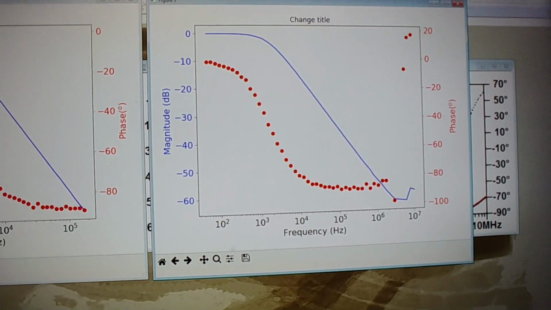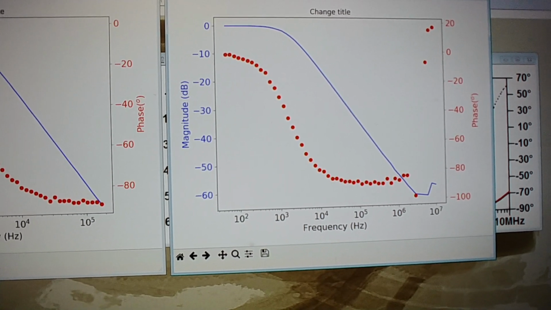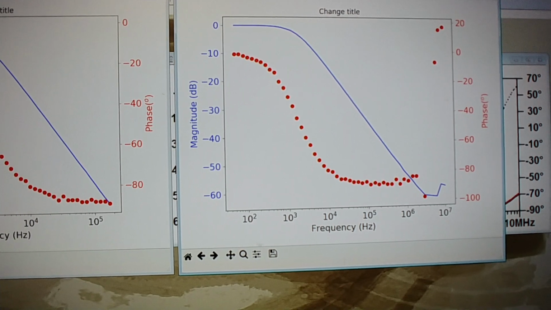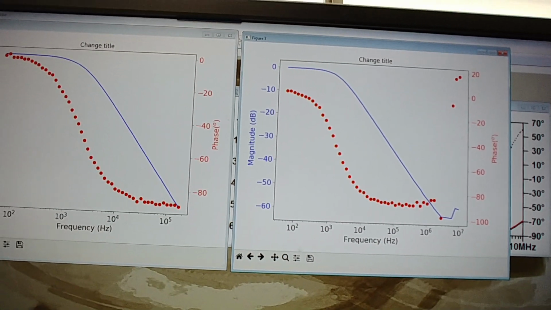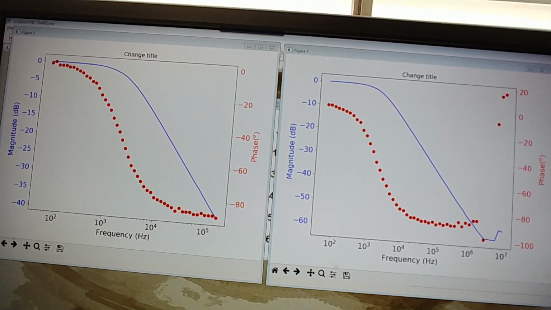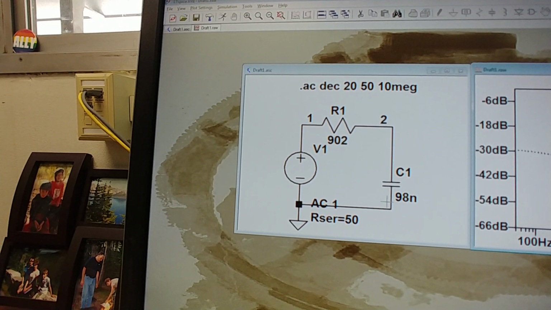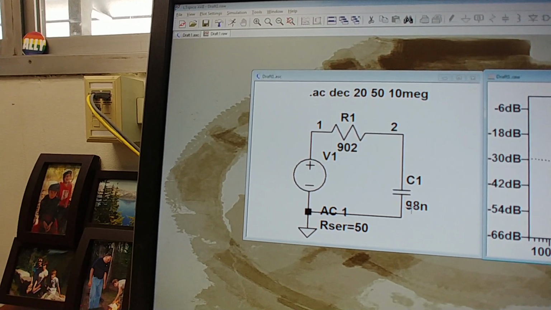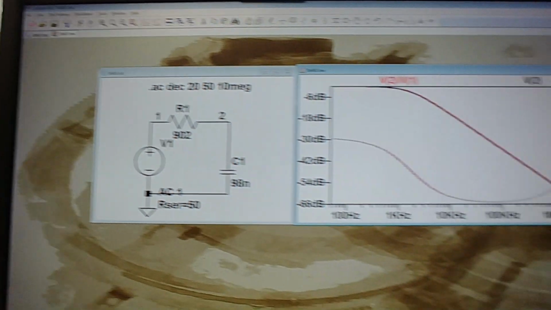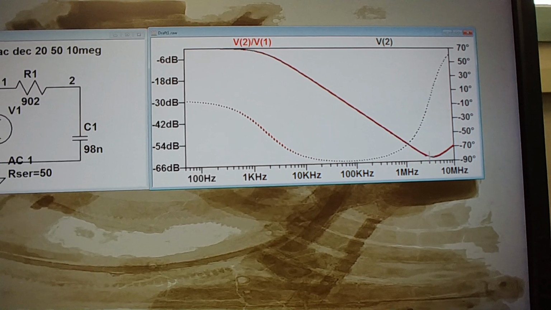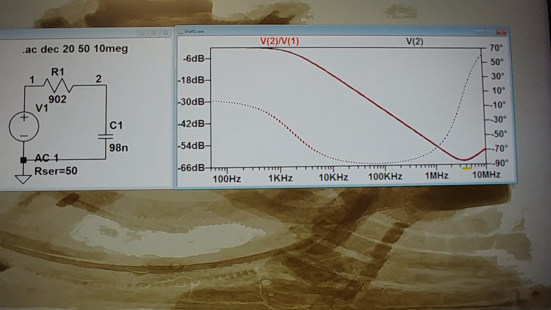However, when you bump up the frequency to 10 megahertz, you start to see the magnitude creep back up and the phase creep back up. That is due to the fact that it isn't exactly a first order circuit. In fact, the parasitic resistance and the parasitic inductance give it 2 zeros, and if you do an LTspice plot of that, you can see the phase creep back up and the magnitude start to creep back up.